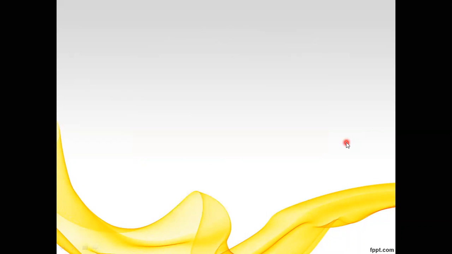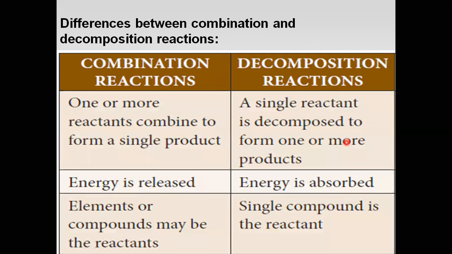Next, what are the differences between combination reactions and decomposition reactions? In combination reactions energy is released, and in decomposition reactions energy is absorbed. So the combination reaction is called an exothermic reaction and the decomposition reaction is an endothermic reaction. In a combination reaction, one or more reactants combine to form a single product, forming a bond.